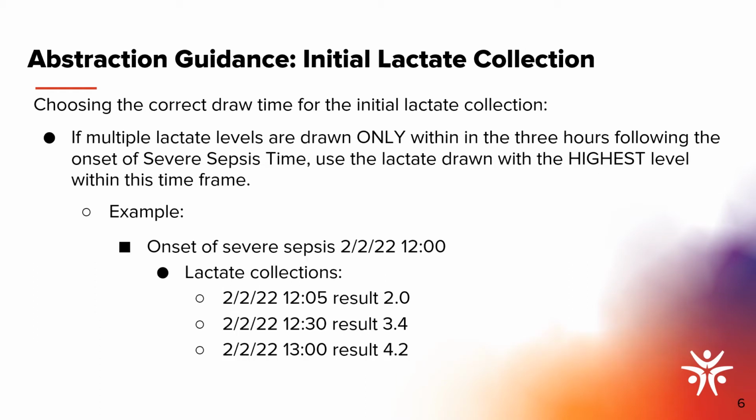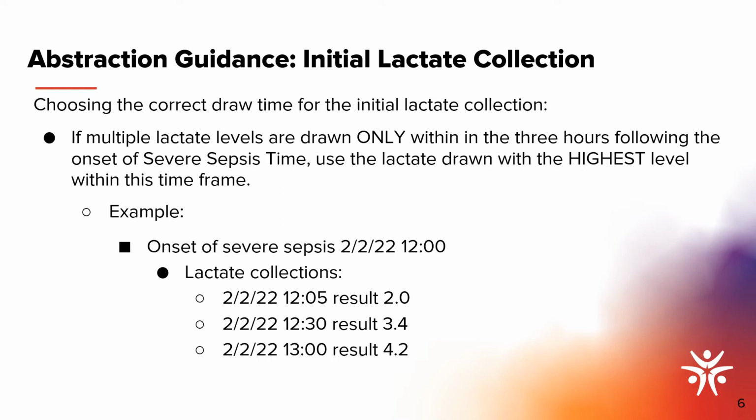Because the time period for the initial lactate collection is 6 hours prior to through 3 hours following the onset of severe sepsis, it is possible that the initial lactate level was collected following the onset time. If multiple lactates were collected, again, abstract the collection time with the highest result.